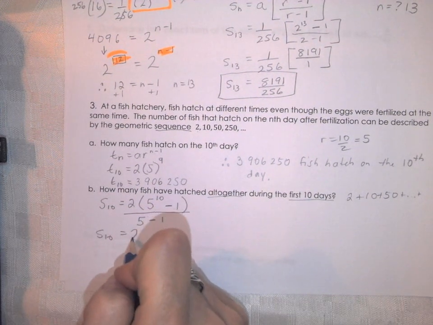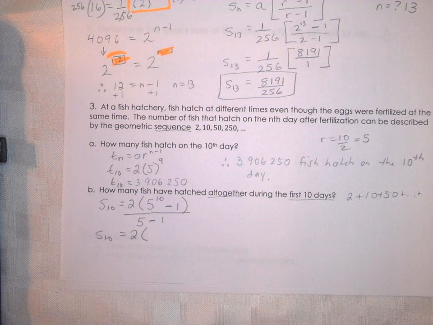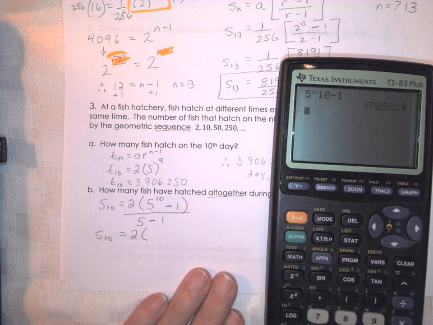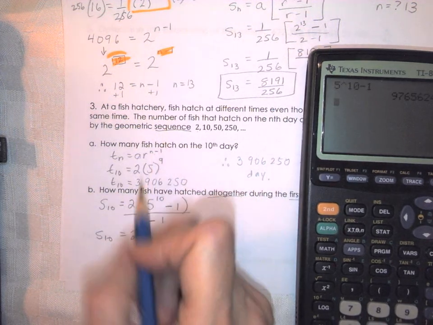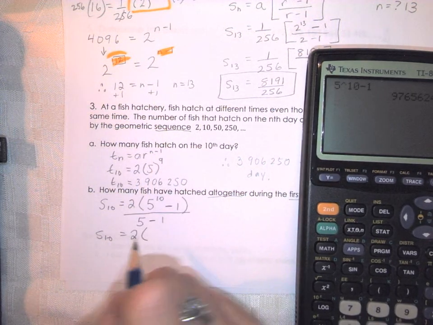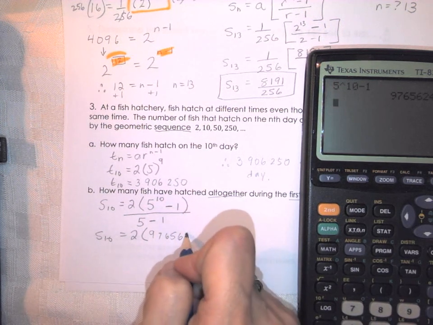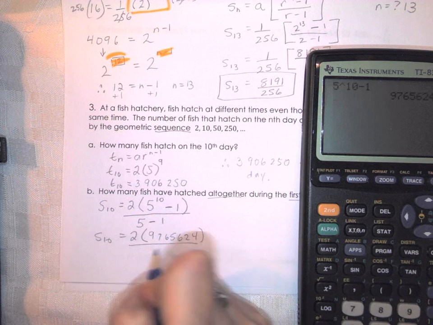So then I would go to my calculator here and figure out what 5 to the 10th minus 1 is. And that's 9,765,624 over 4.